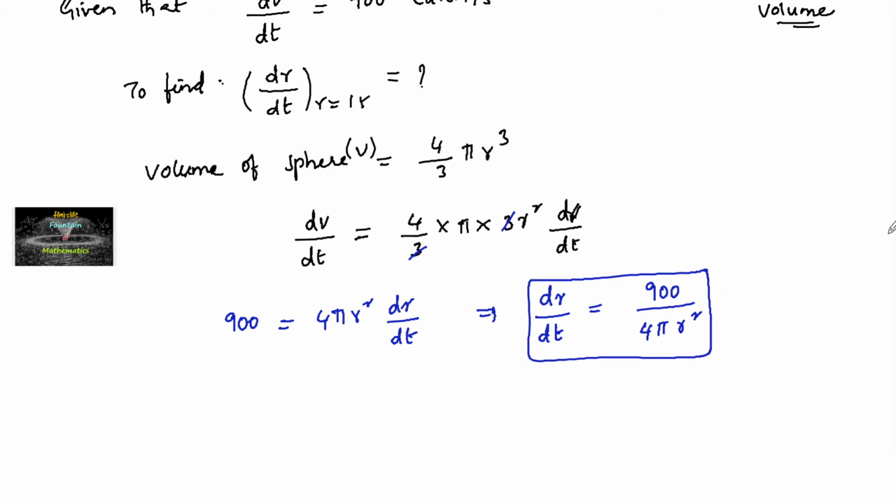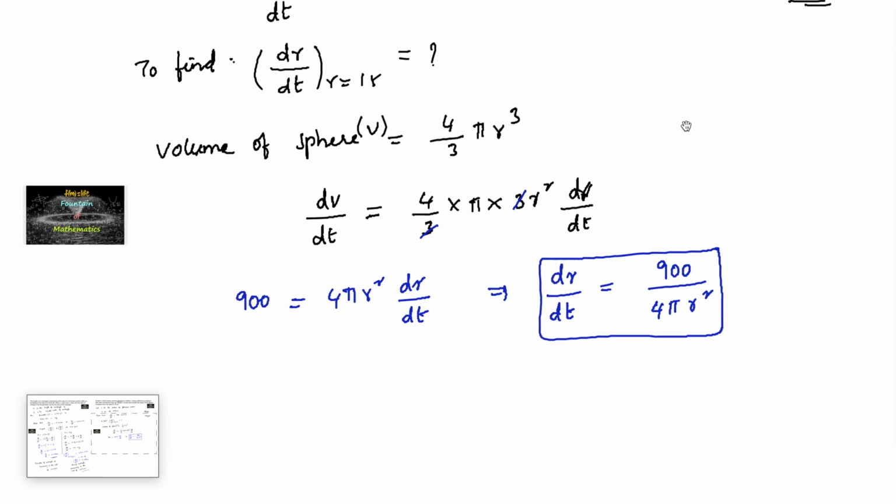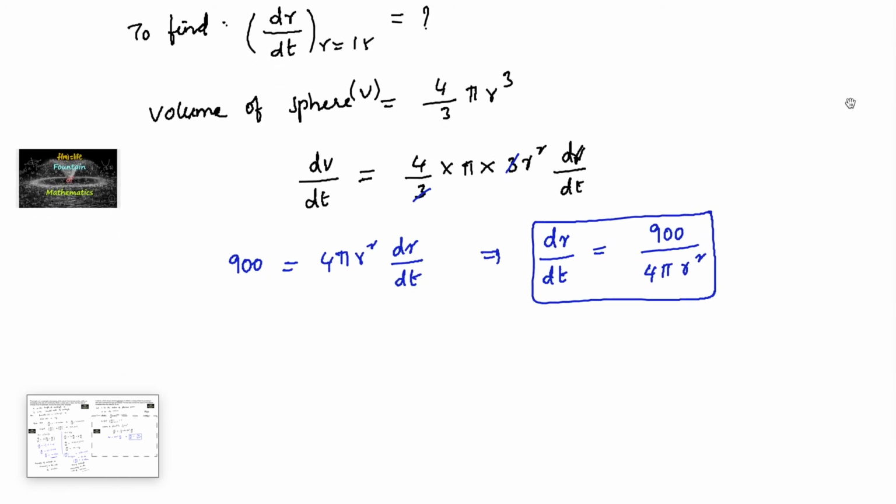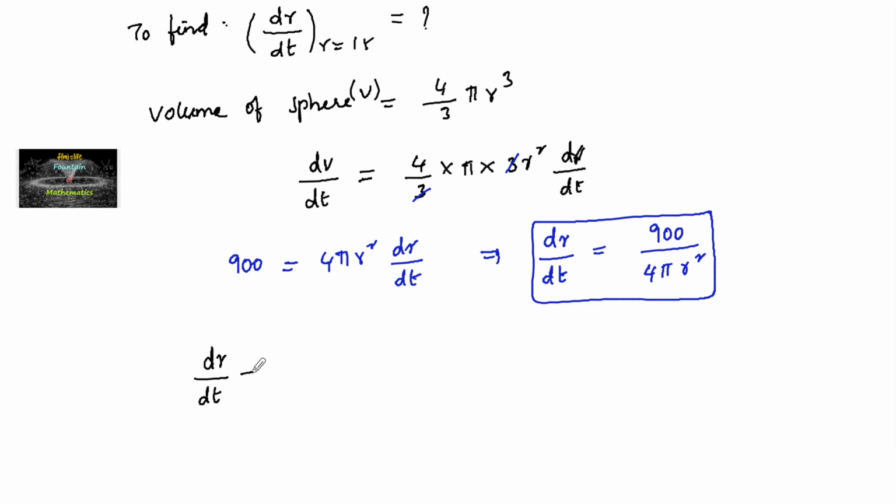So this is the rate of change of radius, and we have to find the rate of change of radius when r is equal to 15. So let's substitute it: dr by dt at r is equal to 15 is equal to 900 upon 4 into pi into r square, that is 15 into 15.